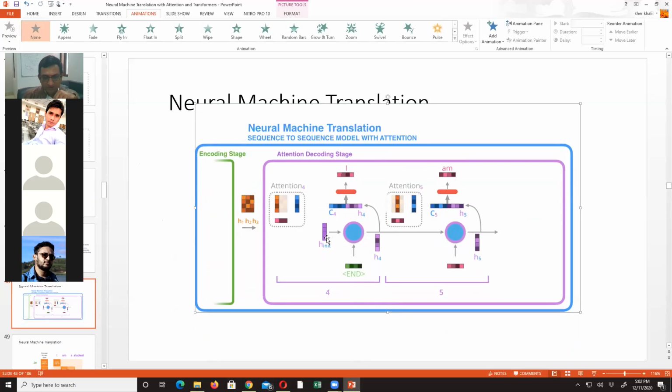The initial state is all zeros. Remember, when you are at decoder stage 1, you are sending one encoding for the end token.